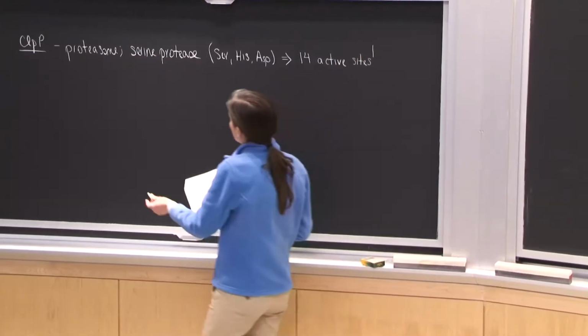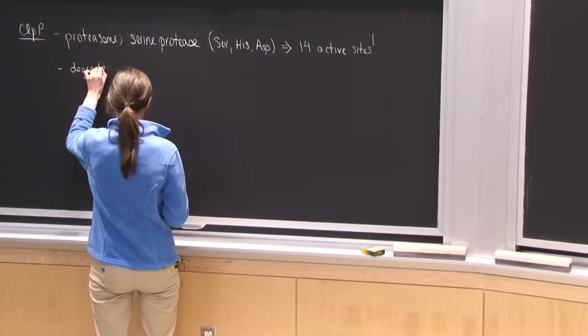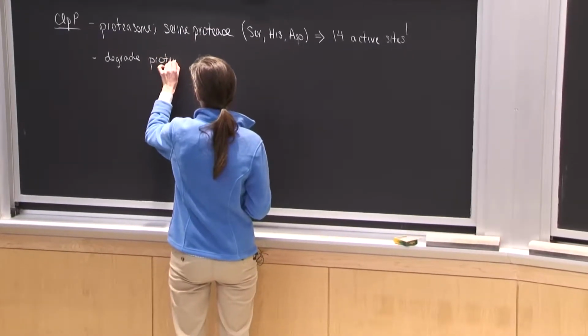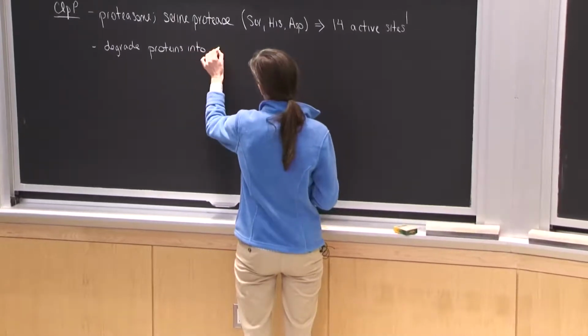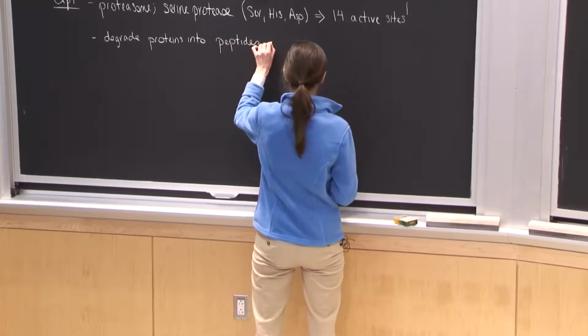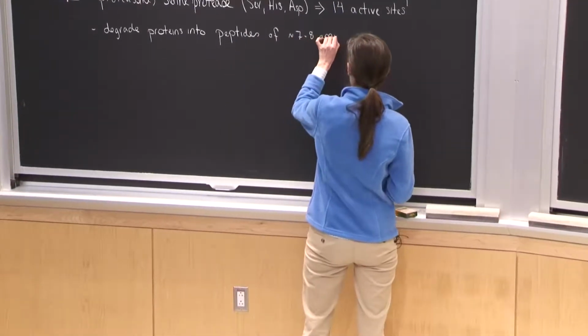And what this does is degrade proteins into short polypeptides, so into peptides of about 7 to 8 amino acids.